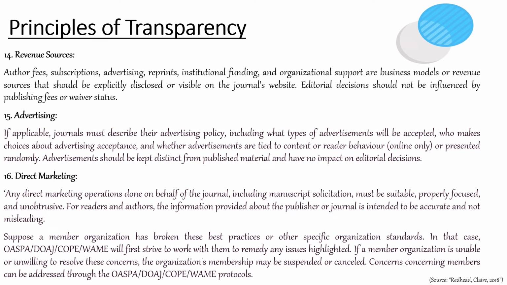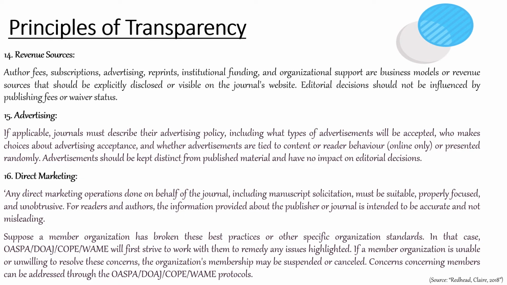The next is the revenue sources. If author fees, subscriptions, advertisements, institutional funding, or other models are revenue sources, they should be explicitly disclosed and visible on the websites. Advertisement: if applicable, journals must describe their advertising policies, including what type of advertisements will be accepted and who makes the choice about advertising acceptance and related information.